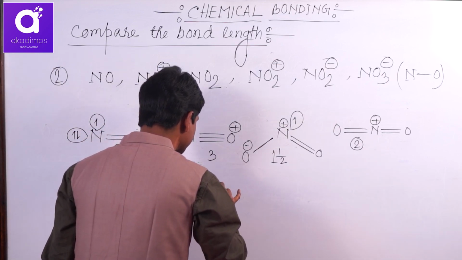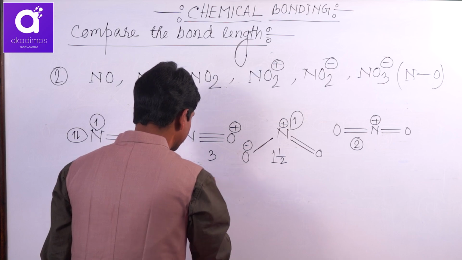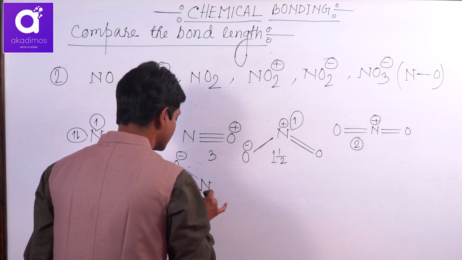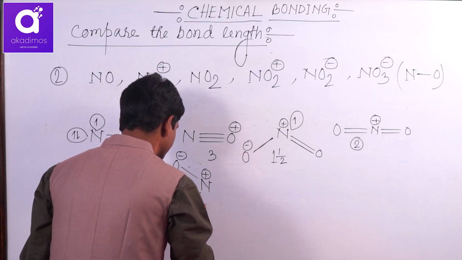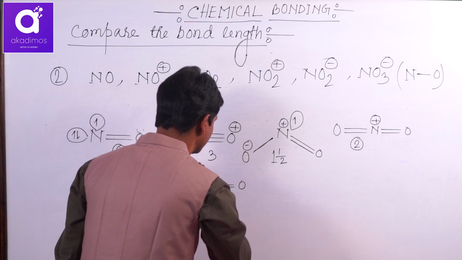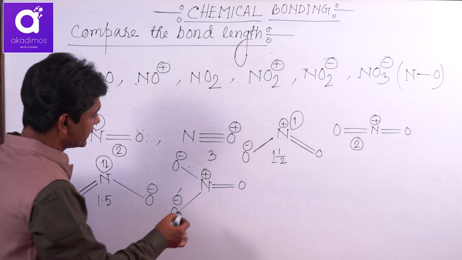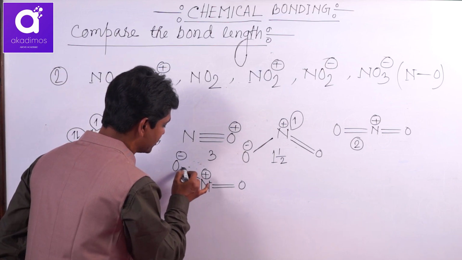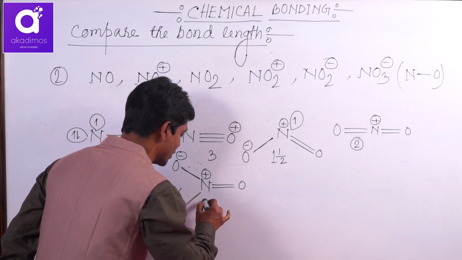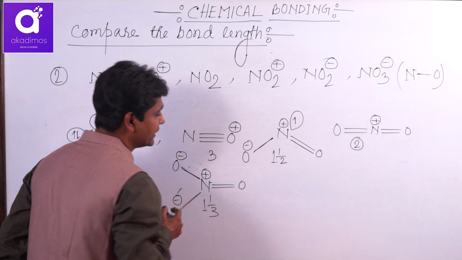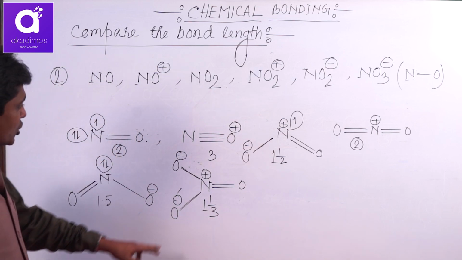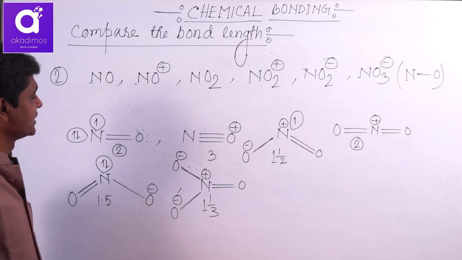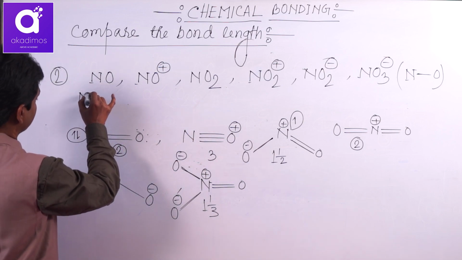And NO3 minus, you know the structure is O minus, nitrogen plus, and this is a double bond. Here also 1 pi bond is equally distributed among the 3 oxygen, that is 1 sigma fixed, 1 by 3. Now I have drawn all structures. Maximum bond order is NO plus, so the minimum bond length is NO plus.